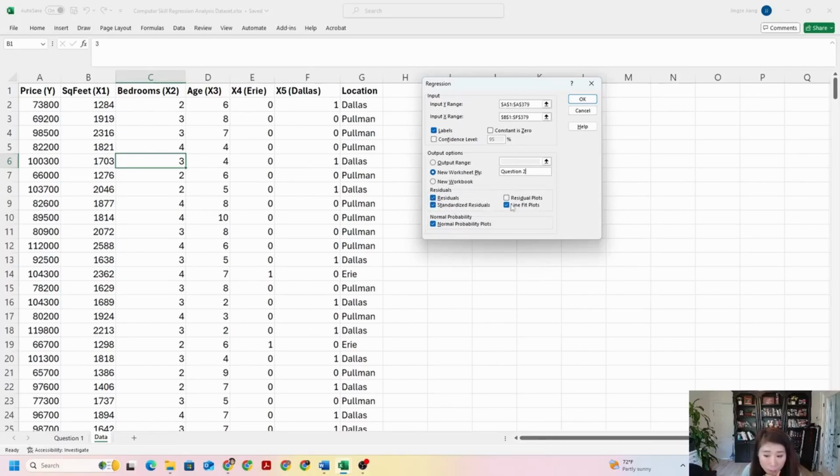So make sure you check all those boxes: residuals, standardized residuals, line fit plots, and the normal probability plot, not the residual plot. After you check all of those, you can click OK.